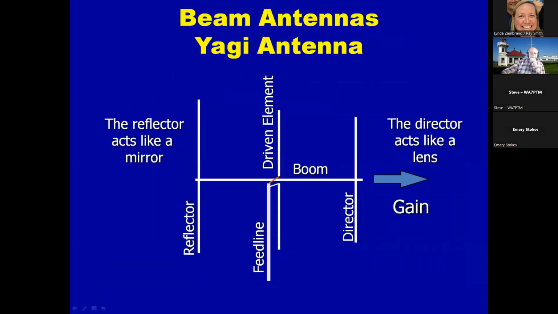Beam antennas. When we talk about gain, we're not talking about actually adding any power. You only have so much power coming out of your transmitter. You can't add to that. You can't increase it. There's no way to make more energy, because you only have a certain amount of power coming out. But what you can do is focus that power in a particular direction, which is what beam antennas do.